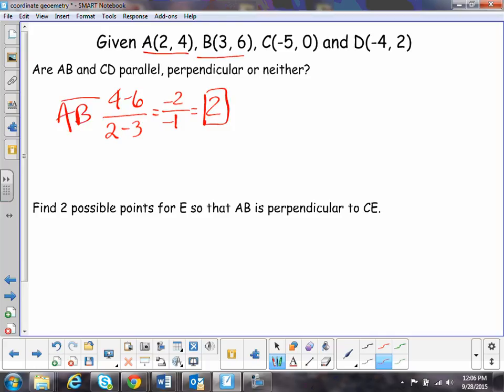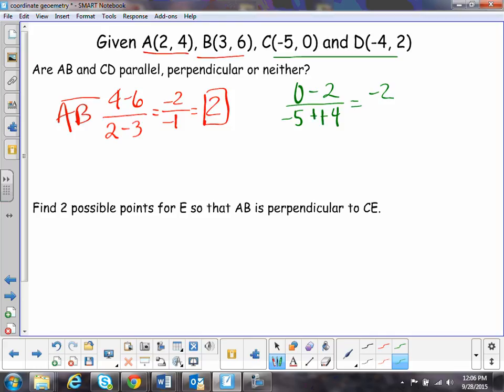So now let's do CD. 0 minus 2 over negative 5 minus negative 4. You get negative 2 at top. What happens when you minus a negative? It makes it positive. Every year students give me a hard time when I write those.